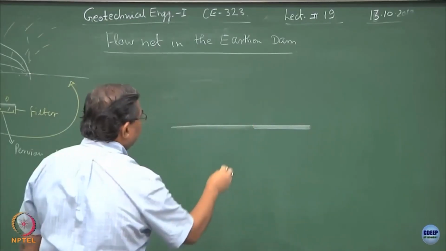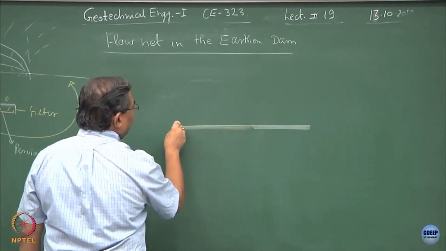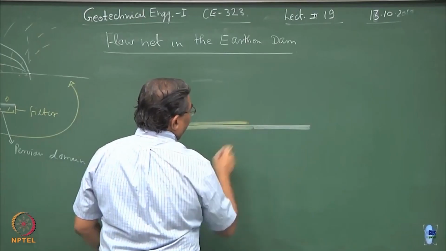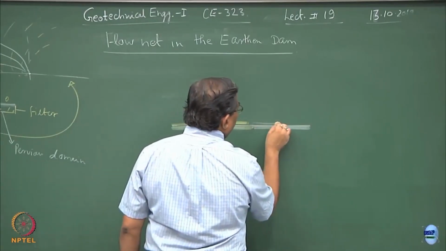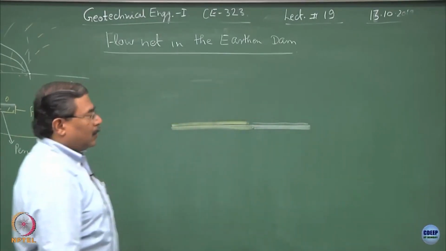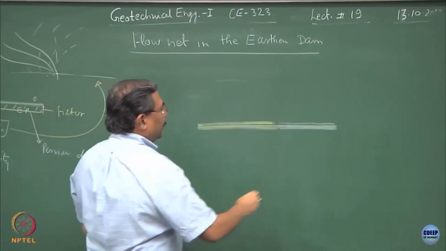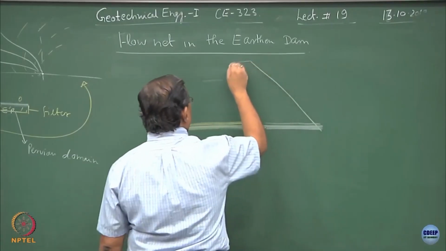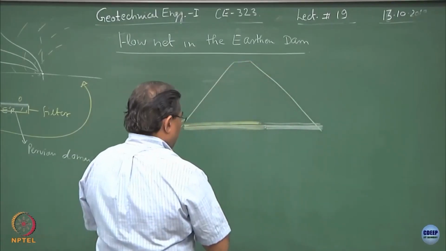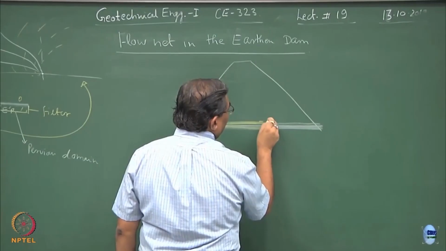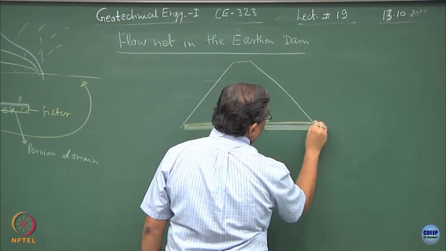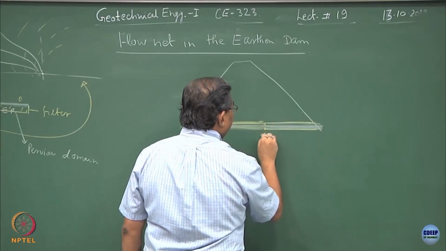So, this is the soil, second layer of soil, second layer of gravel or sands, and then you can give it a shape of the final embankment like this. So, this becomes my drainage layer and point A gets shifted inside.